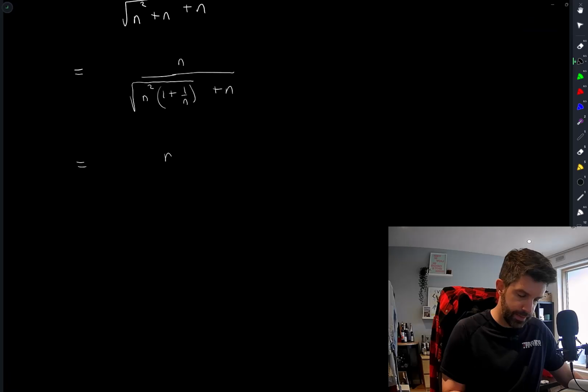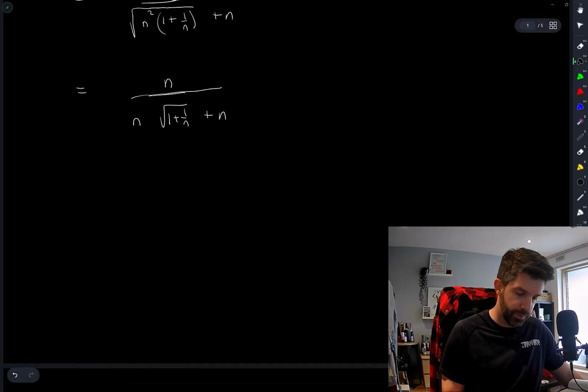So this is n divided by, here I have n times the square root of 1 plus 1 over n, plus n. So n cancels everywhere, and I'm left with 1 over the square root of 1 plus 1 over n, plus 1.